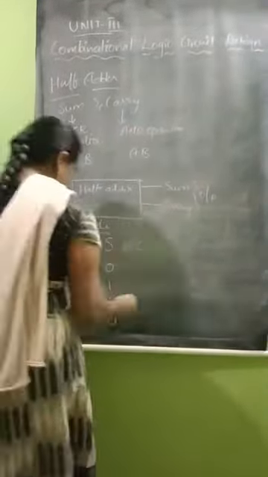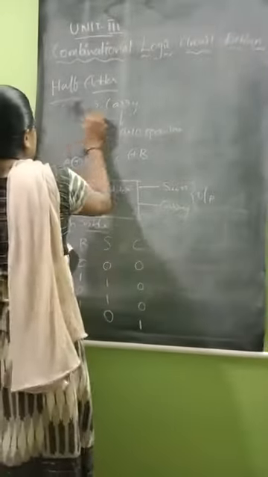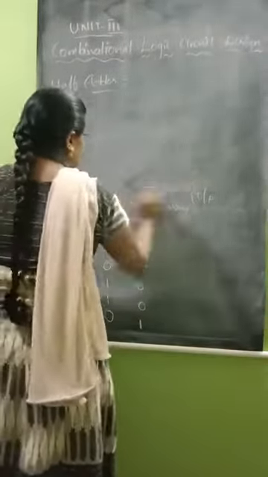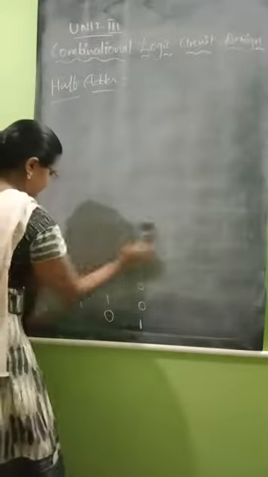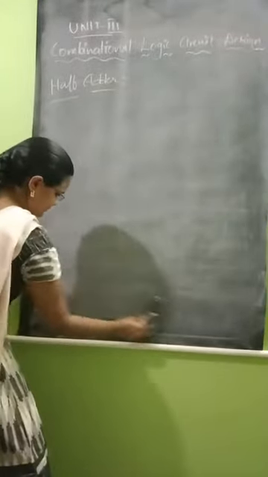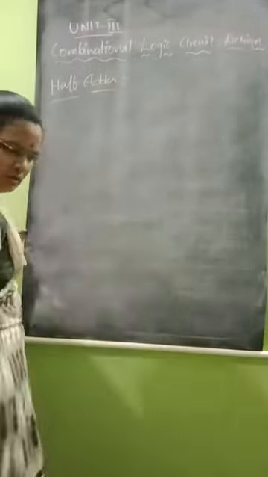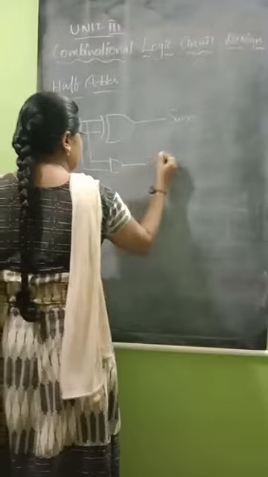Next is the logical design of the half adder. The logical design of the half adder is: inputs A, B go to an XOR gate, which gives the sum, and an AND gate, which gives the carry.